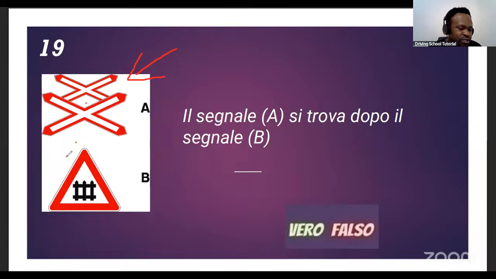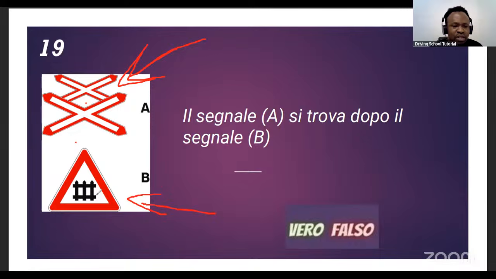What is this? This is Croce di Sant'Andrea. What is this? This is passaggio a livello con barriera. Now, where do you find Croce di Sant'Andrea? Croce di Sant'Andrea can be found in a level crossing, which is passaggio a livello, without barriers or with semi-barriers.